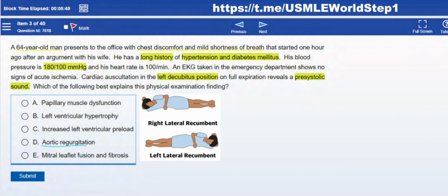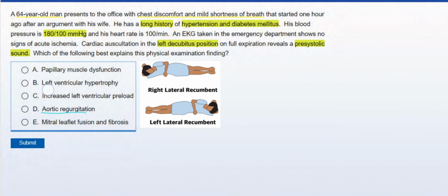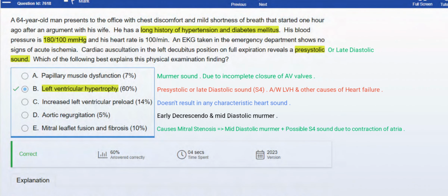Then we have mitral leaflet fusion and fibrosis. That will lead to mitral stenosis, due to which it will produce a murmur, not a presystolic sound. Now let us see the explanation. As I mentioned, why not option A? That is a murmur due to incomplete closure of the AV valves.